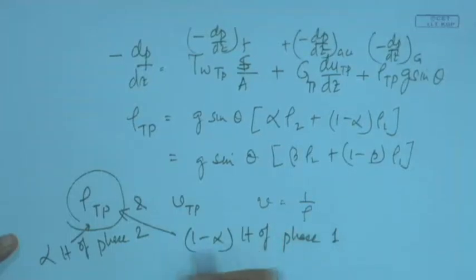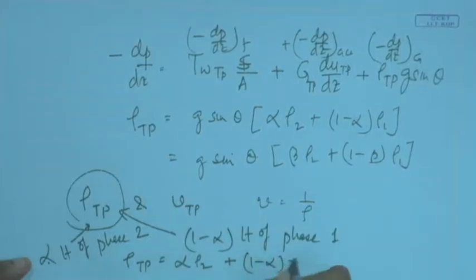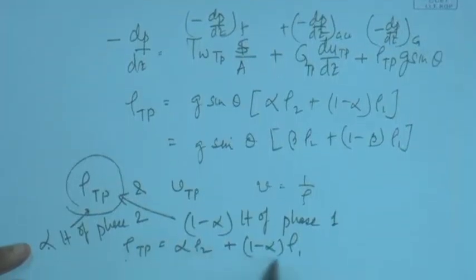Therefore, the total weight of alpha liters of phase 2 is alpha into rho 2, and the total weight of 1 minus alpha liters of phase 1 is 1 minus alpha into rho 1. And so, rho_TP is given by this.